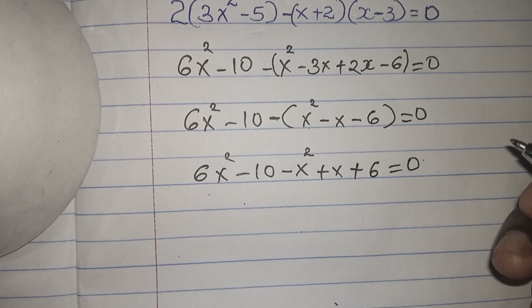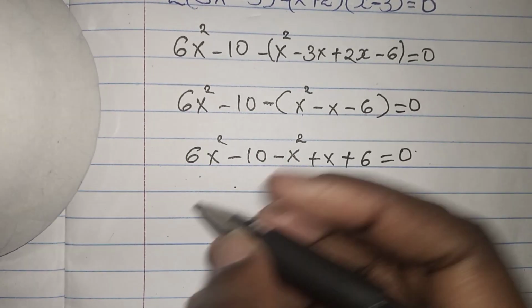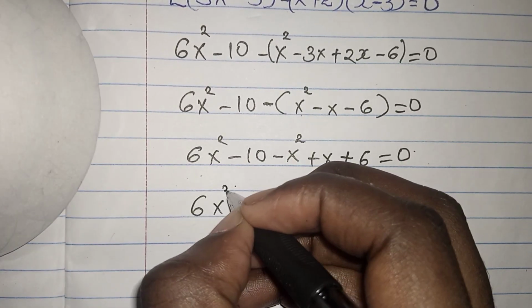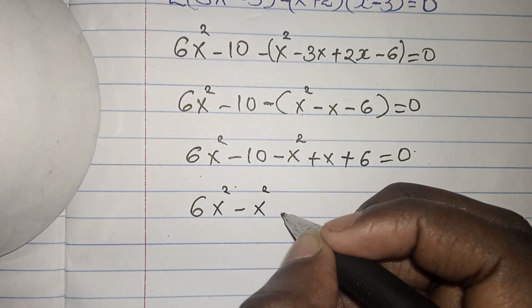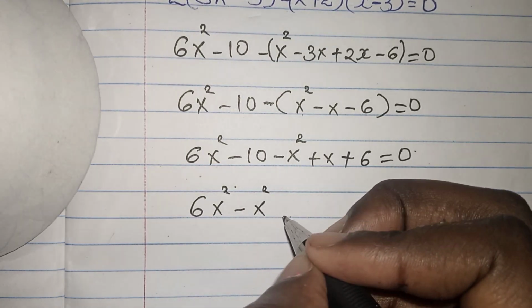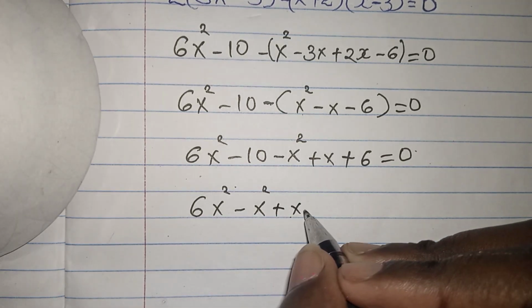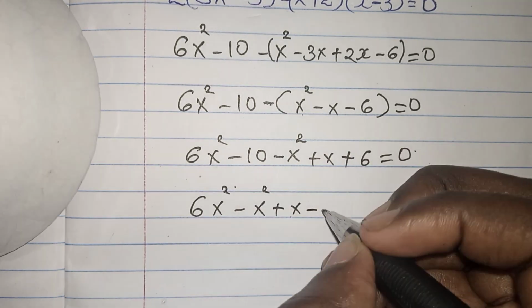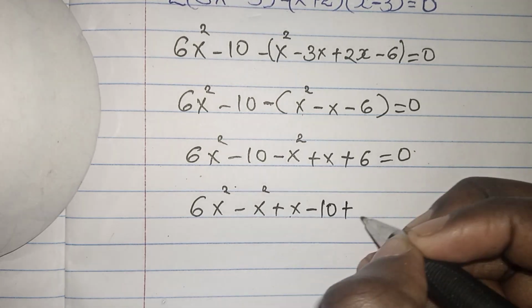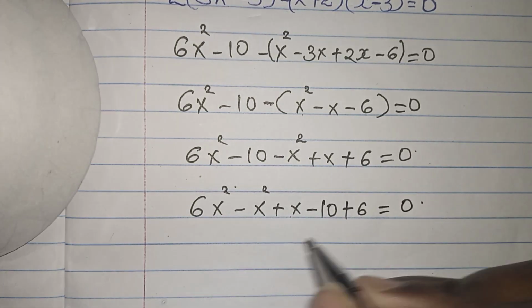So I want to collect the like terms together. 6x squared minus x squared, plus x, I've brought x on this side, minus 10 plus 6 is equals to 0.